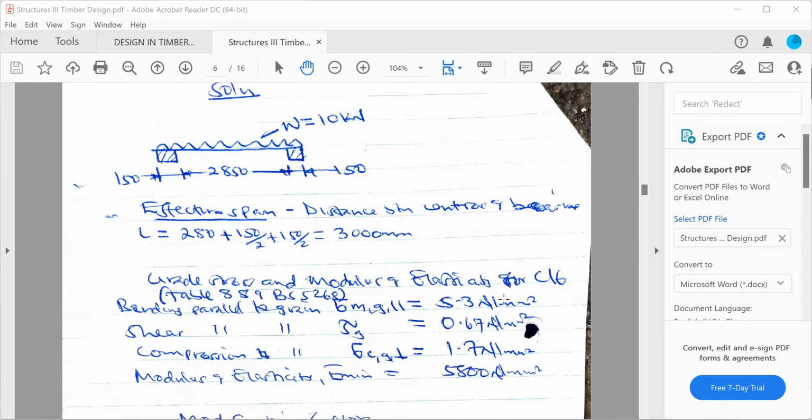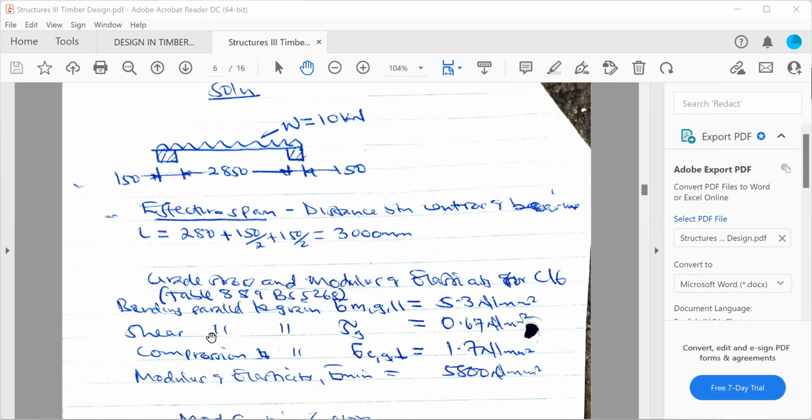The things you have to obtain are bending stress parallel to the grain, shear parallel to the grain, compression perpendicular to the grain, and the modulus of elasticity. Because this beam is acting alone, as only one member, we shall use E minimum, meaning the lowest value. I'll open the table.